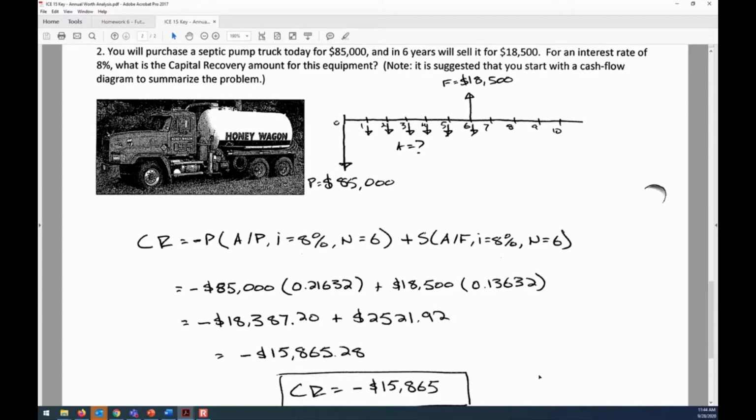So would the interest rate be like for a loan, the 8%? Yeah, that's one way to think about it, it's your cost of capital. The other way to think about it could be in terms of opportunity cost. It could be that it's your money, but you have lots of different things that you can do with your money.